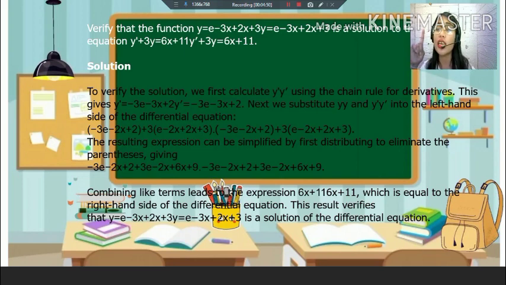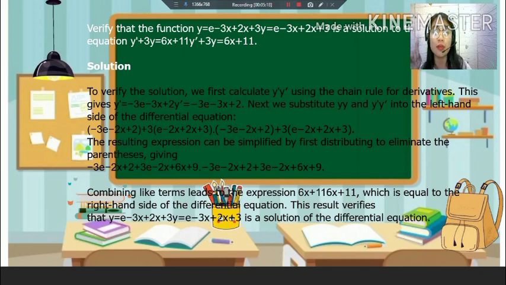The resulting expression can be simplified by first distributing to eliminate the parentheses, giving negative 3e^(-3x) plus 2 plus 3e^(-3x) plus 6x plus 9.